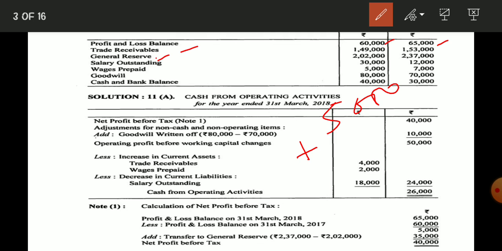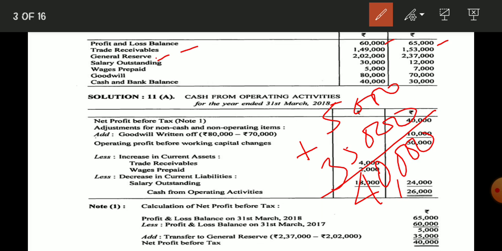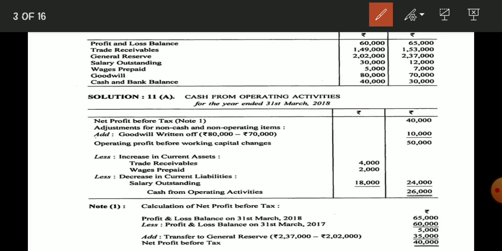And the difference between the previous year and current year general reserve, 2,02,000 and 2,37,000, is 35,000. Total them, that is 40,000. It will be your net profit for the current year, right? So net profit before tax, here the working note is also given, you can use it, 40,000.